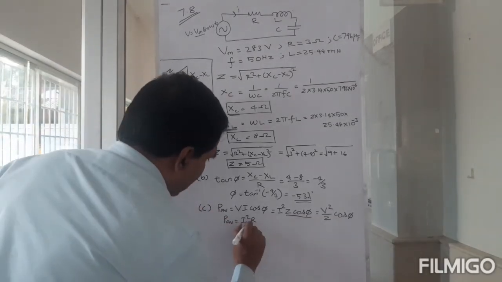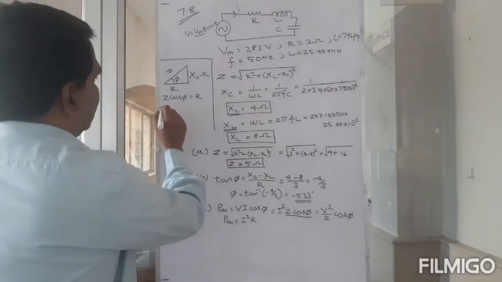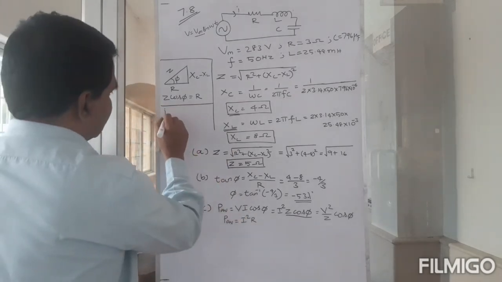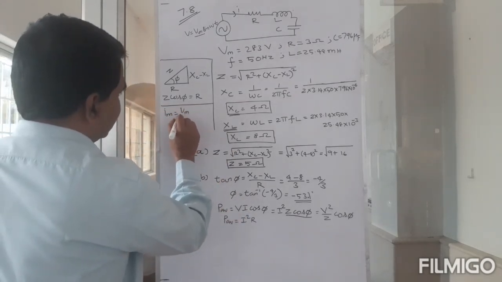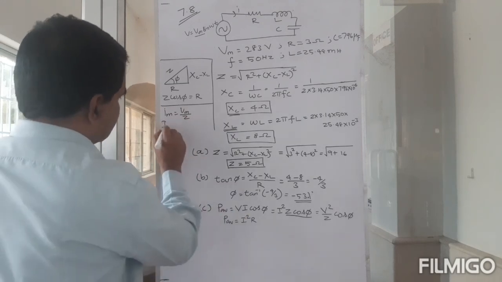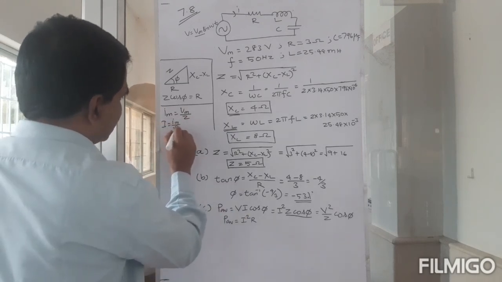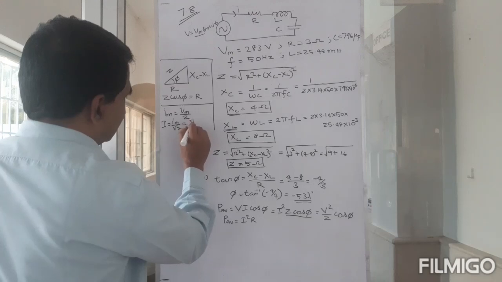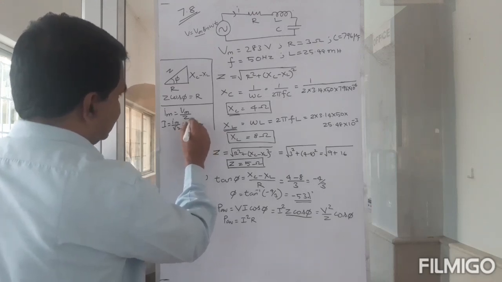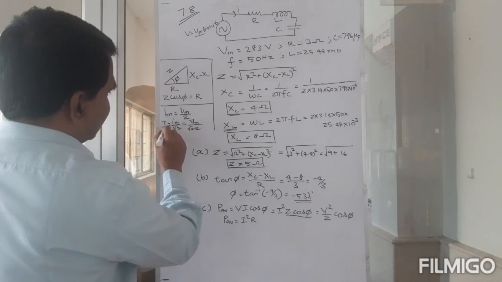Okay, so what is my I? What is my Im first? Im is equal to Vm by Z. So IRMS is equal to Im by root 2, which is equal to Vm by root 2 Z. That would be my I, correct?